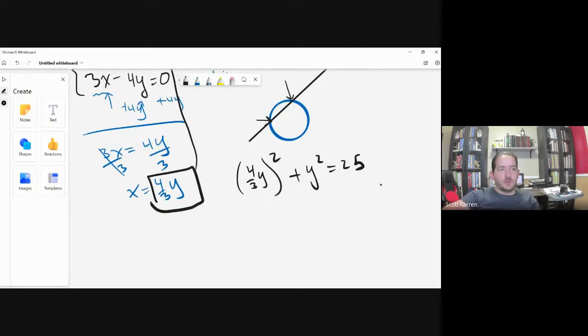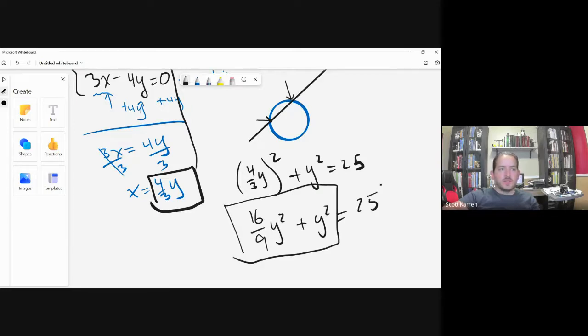If I square 4/3 y, that gives me 16/9 y squared plus another y squared is equal to 25. If I'm adding these, they're like terms, they're y squared terms. I can call this 9/9 y squared, because that's still 1y squared.